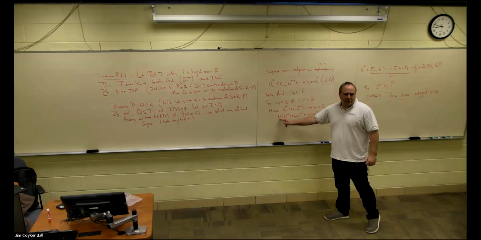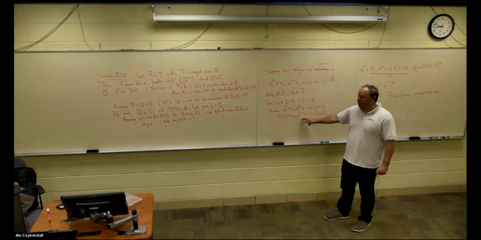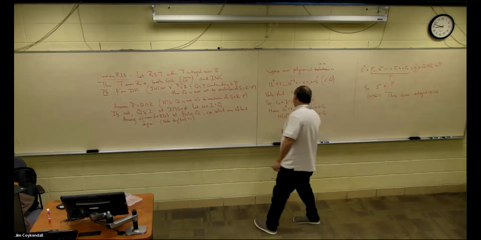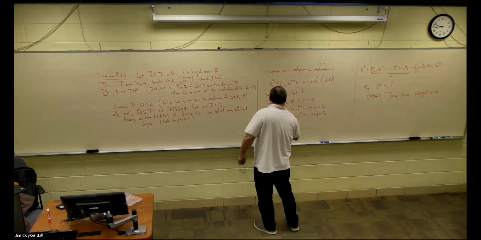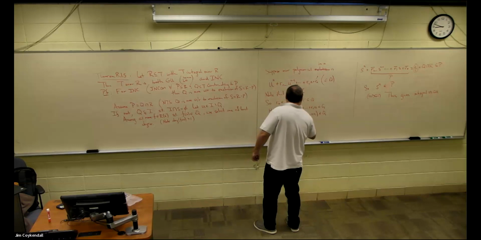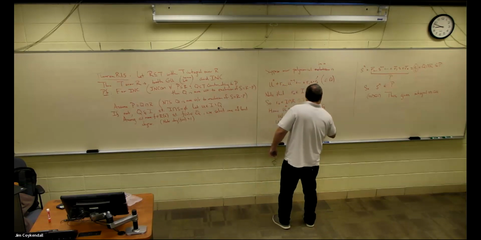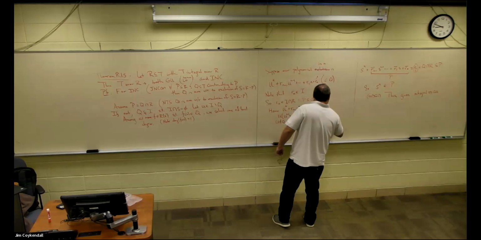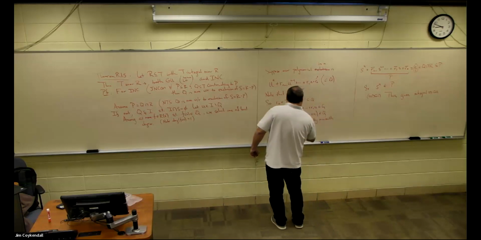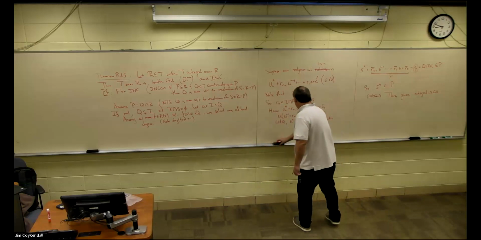By hypothesis, U is not in Q. And this can't be in Q either because it's a lower degree monic relationship. So. Hence.